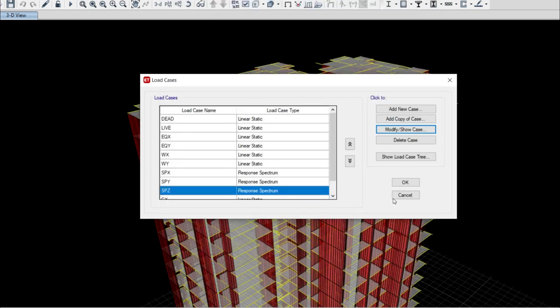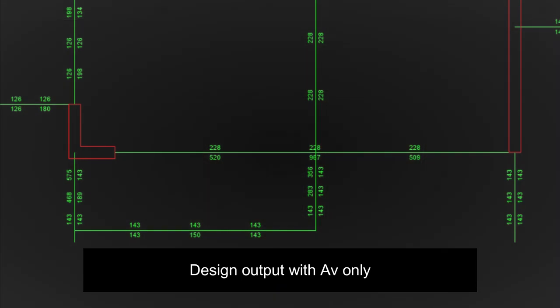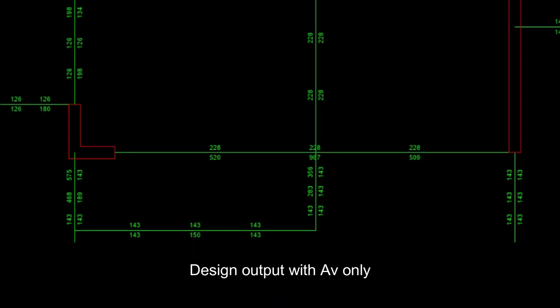So we have multiplied it by 5, and now look at the design output. This is with the vertical acceleration coefficient used one time only. You can see some key reinforcement figures here: for this cantilever it is 575 mm square, here it is 358 mm square, and here it is 143 mm square, the top reinforcement at the support.